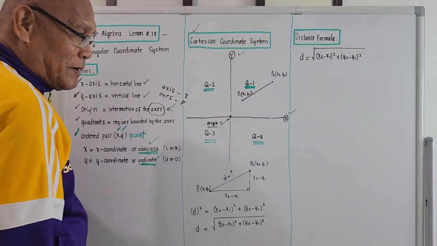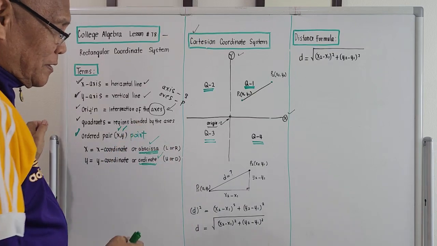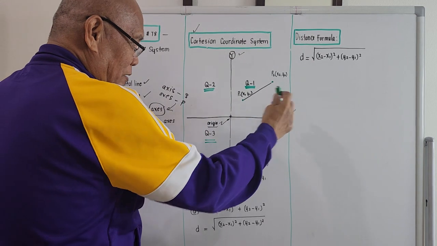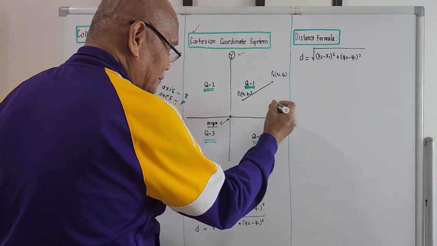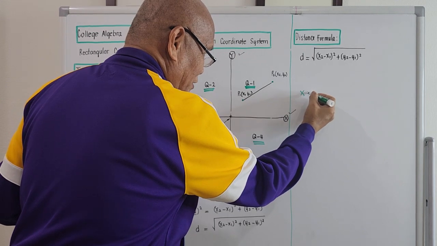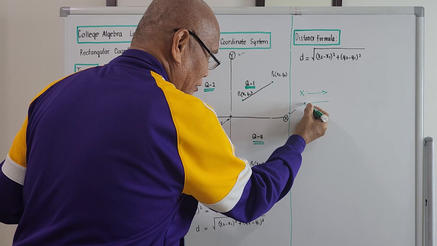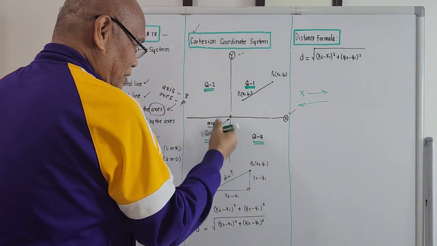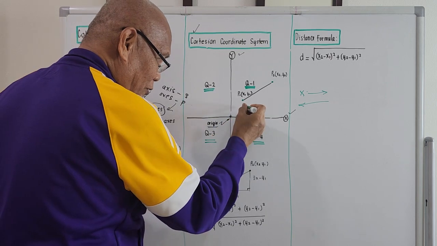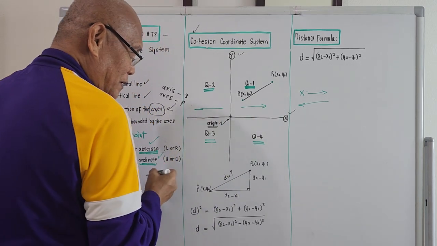The plotting of the abscissa and ordinate is easy. If we are plotting along the x-axis, you either go to the right or go to the left, right?